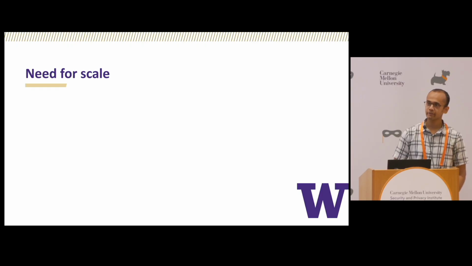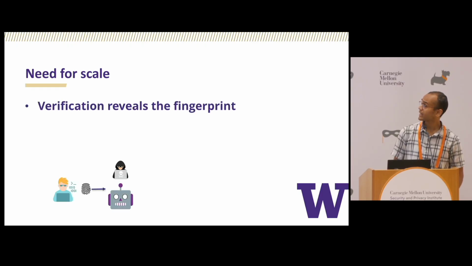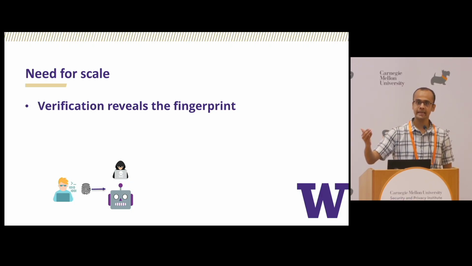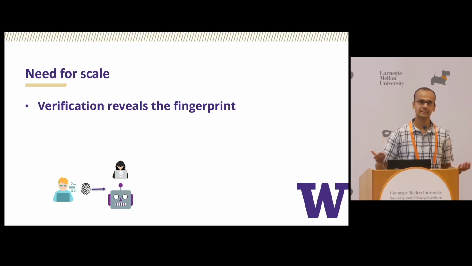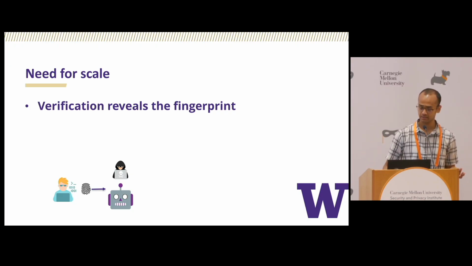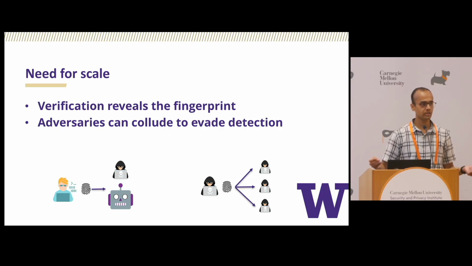I'll try to motivate why you need scalability first. So the point is that anytime you want to verify whether a model is yours or not, you have to essentially query the API with your fingerprint, which means that the adversary then knows what the fingerprint is. And in a distributed setting, if you assume the worst case, the adversary could have multiple copies of the model running around, and they could then distribute the fingerprint to all of those models, and they could then collude and evade detection.